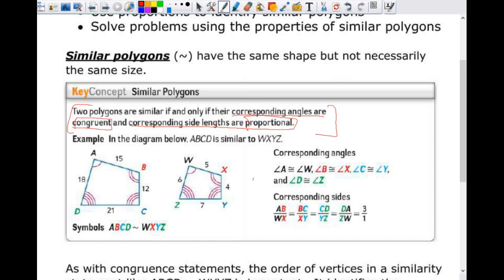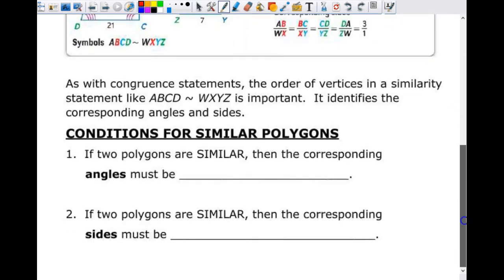Let's see how many people were paying attention. Fill in these sentence stems. If two polygons are similar, then the corresponding angles must be blank. Raise your hand if you think it's congruent. Raise your hand if you think it's proportional. If you don't know, I want you to read that sentence that was just read.